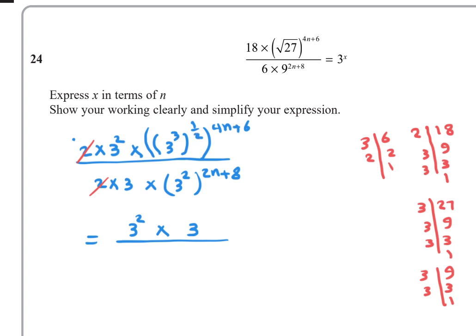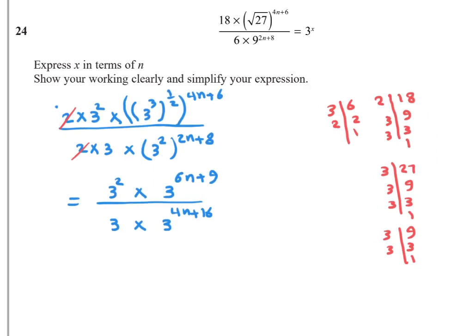You have 3 power 3, multiply 3 times 1 over 2, which is 1.5, then multiply 1.5 times 4n and 1.5 times 6. 1.5 multiplied by 4 equals 6, so 6n, and 1.5 times 6 equals 9, so plus 9. So this is for the numerator. For the denominator, we have 3 times, you have 2 power, multiply them, 2 times 2n and 2 times 8, so 3 power 4n plus 16.